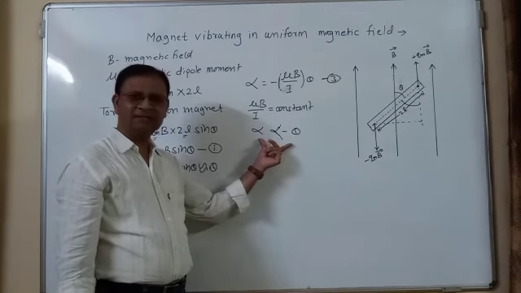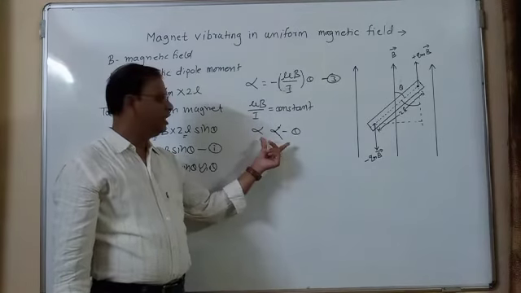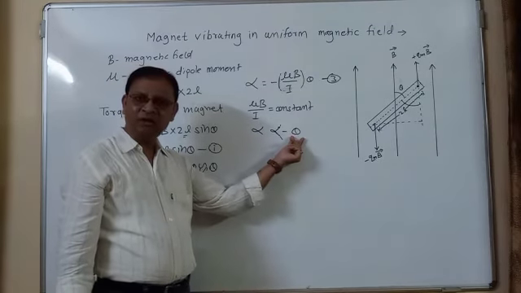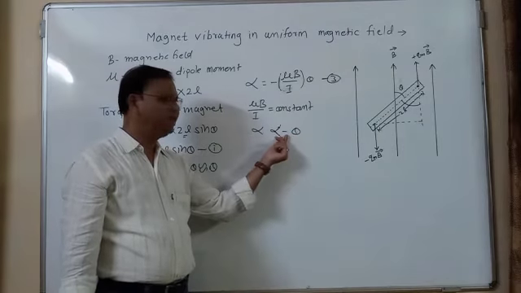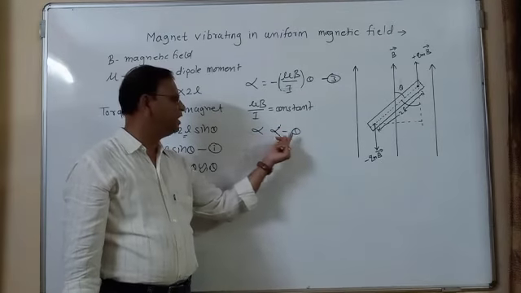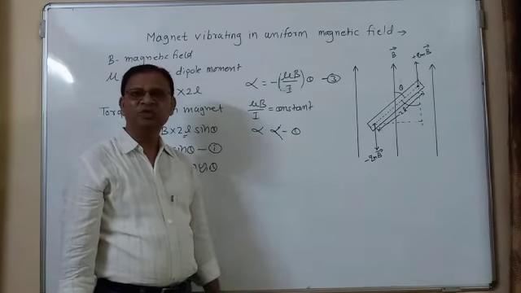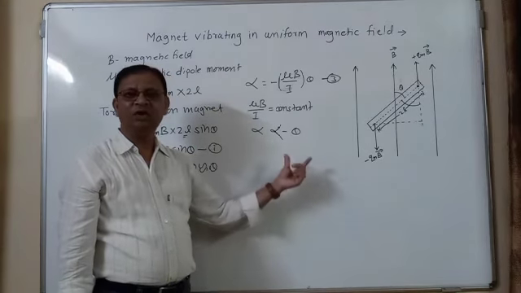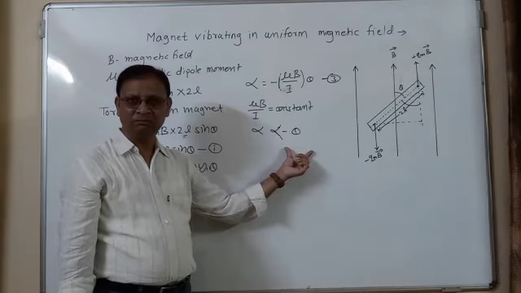What does it indicate? That means angular acceleration is directly proportional to angular displacement, and the negative sign indicates that angular acceleration and angular displacement are opposite in direction, which satisfies the condition for angular simple harmonic motion.